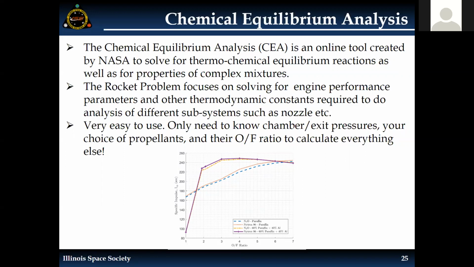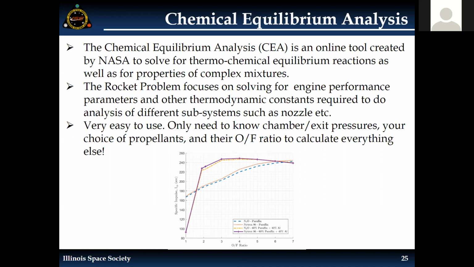The exit pressure is usually just the atmospheric pressure, or in vacuum it differs because it's a different pressure. So the only thing you need to know is how much pressure your combustion chamber will be under during the reaction. For our purposes, the chamber pressure was 30 bars.